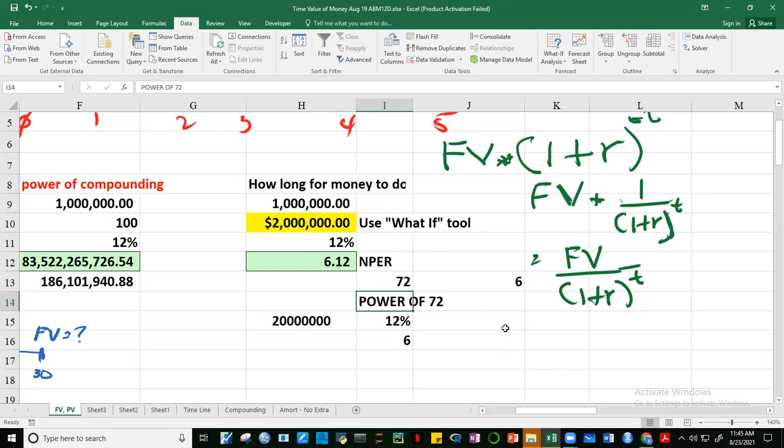Paano kinocompute yan? So, kinocompute yan by this one. So, at 12%, guys, how long will it take us to have our money doubled?